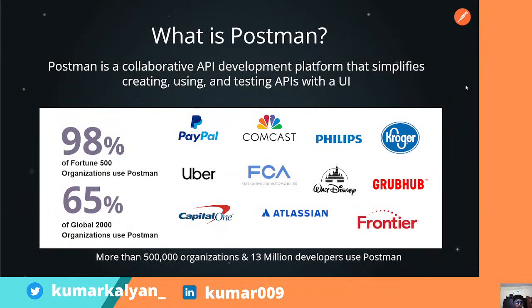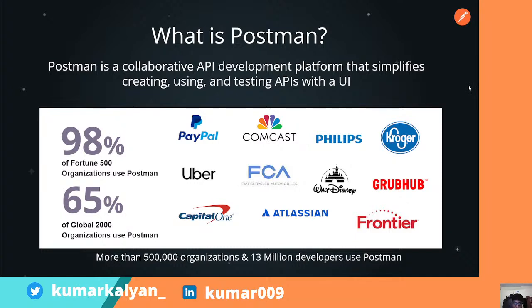Now, what is Postman and who uses it? Postman is a collaborative API development platform that simplifies creating, using, and testing APIs with a UI. One thing is not present here: you can also design the documentation for your APIs. It says more than 500,000 here, but let me tell you a secret no one is going to tell you.